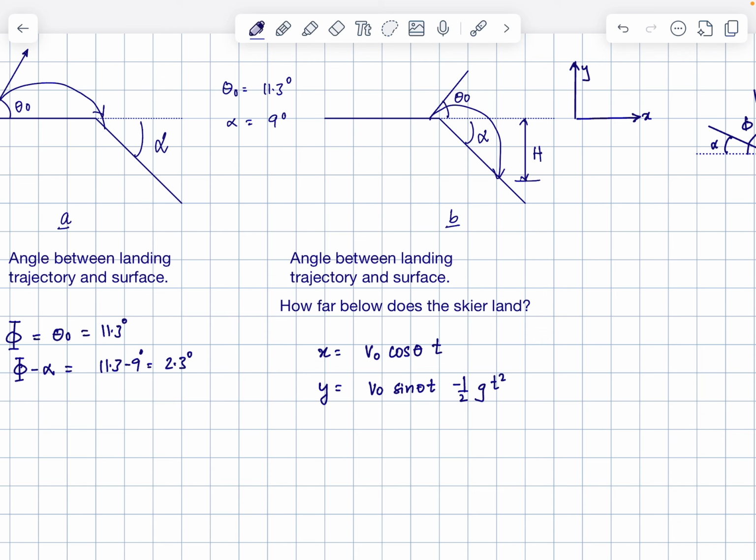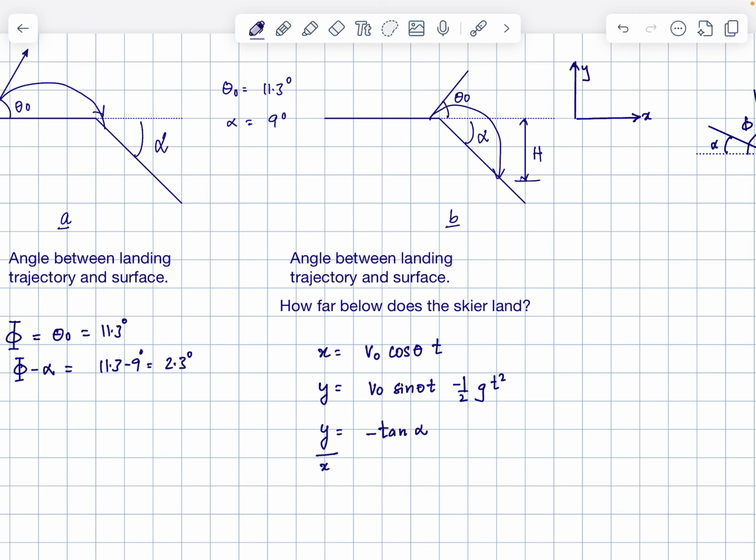Now if we look at the inclined plane, y divided by x equals minus tan of alpha. Okay, because the slope of this inclined plane is negative, therefore y divided by x is negative tan alpha.